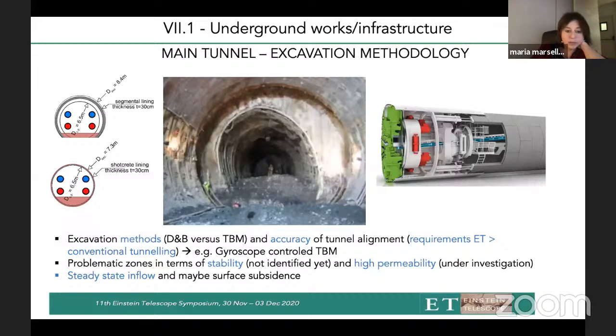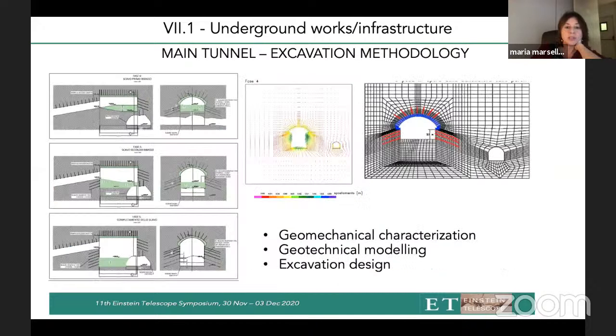Florian was talking about using a gyroscope-controlled TBM. There are specific instruments, specific machines that can be used and defined in order to maintain specific accuracy requirements during the construction.